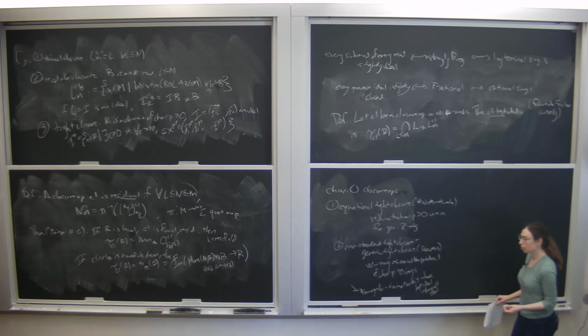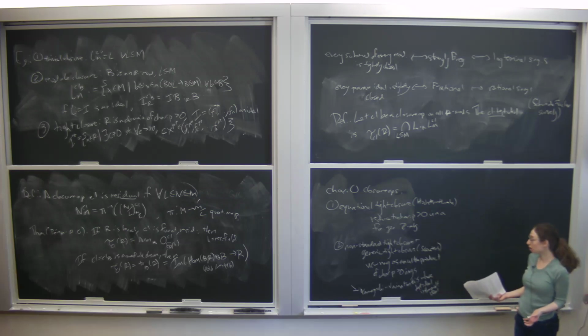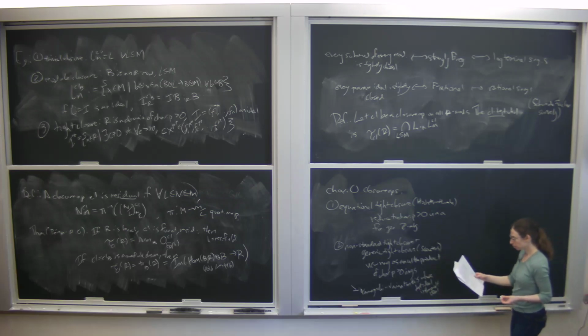And that's neat because the multiplier ideal is our big characteristic zero tool. So if you can get a closure whose test ideal is the multiplier ideal, that seems like it would be the right kind of thing to study characteristic zero singularities. But computing any of this, like tight closure is already bad to compute. You need a reduction to characteristic p to compute tight closure. It's not necessarily easy to do.